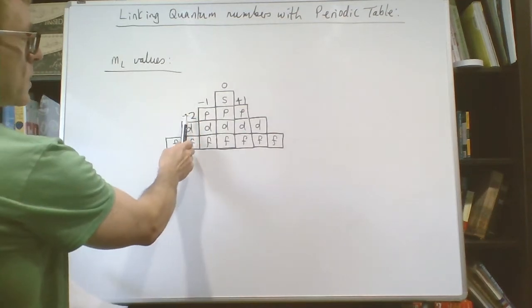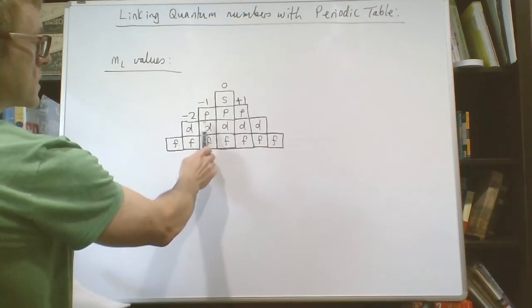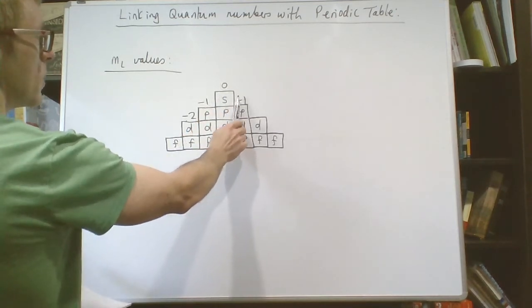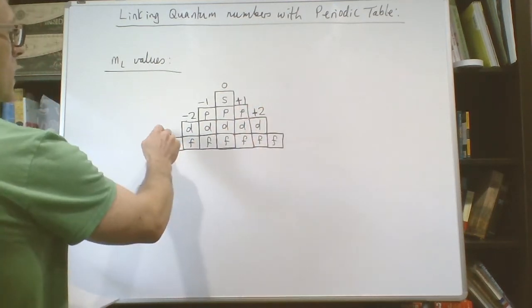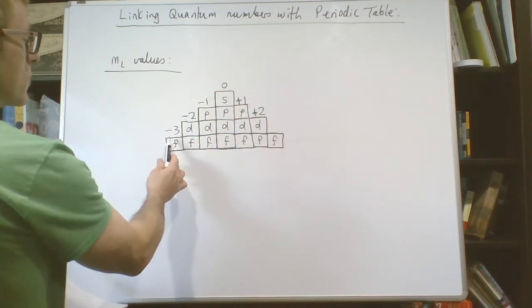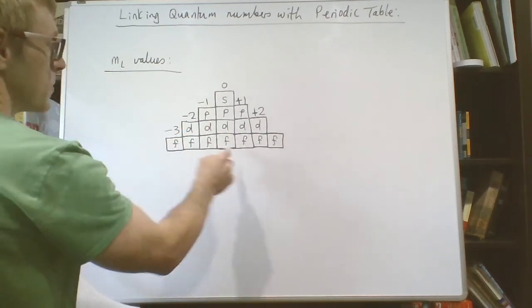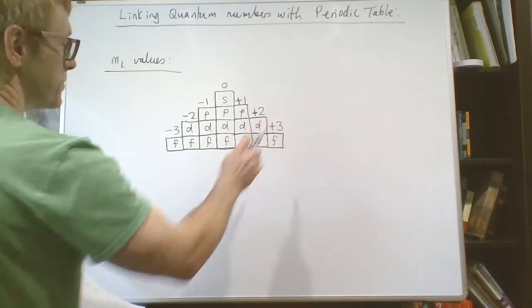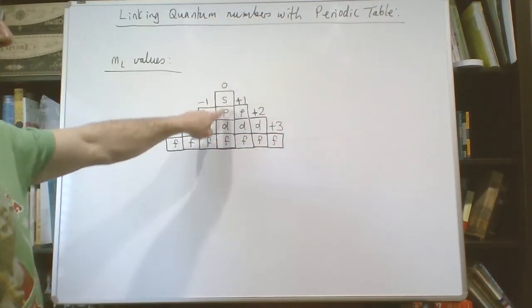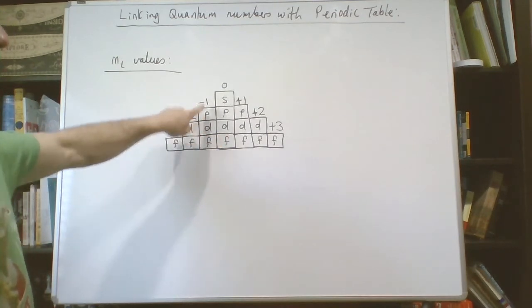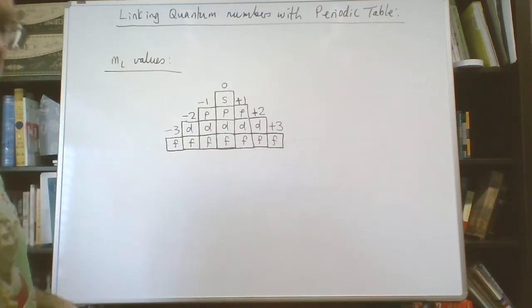D can have values of -2 for this box, -1 for this box, 0 for that one, +1 for this one, +2 for this one, and then likewise -3 for this f, -2 for this f, -1 for this f, etc. So essentially any box in the middle has an ml value of 0. Anything here has an ml value of -1. Anything here has an ml value of +1, etc.